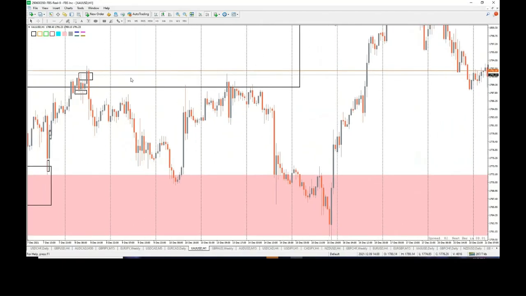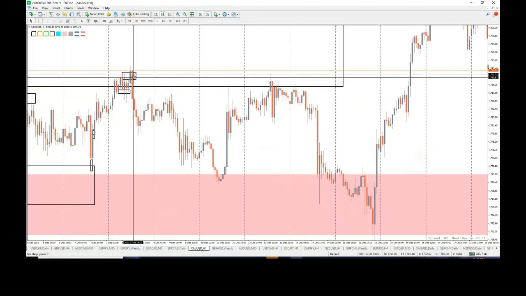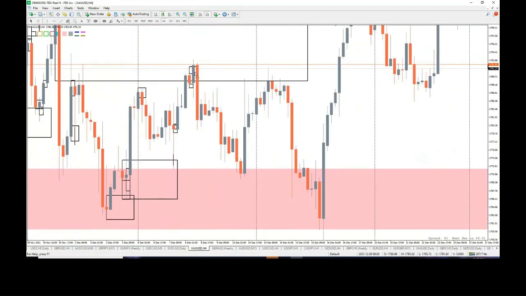But if you cannot take any entries right here, you don't see it, don't take it. You just wait for the next setup because this is an H4 setup also, right? This is a big confirmation for the price to go down.